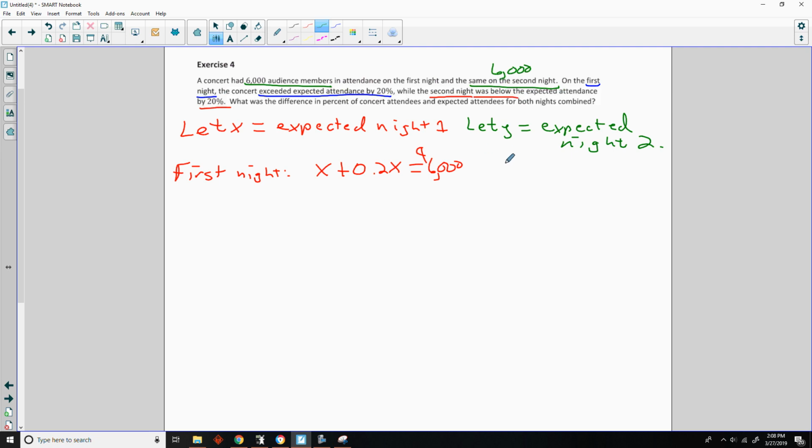And on the second night, we could say Y plus... the concert on the second night was below the expected attendance by 20%. So if it's below, we want to subtract, not add. So it's going to be the attendance that was actually there minus 20% of the expected, which equals 6,000.